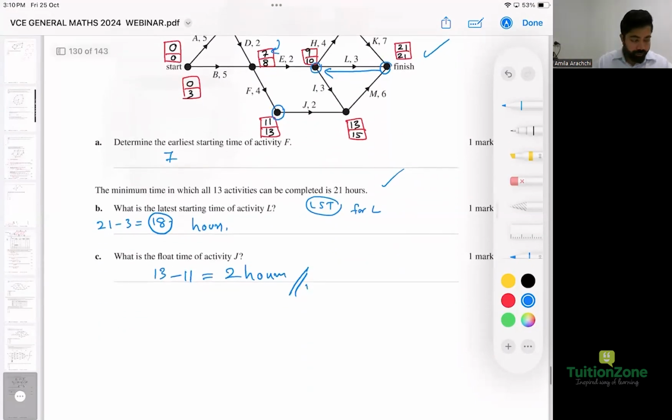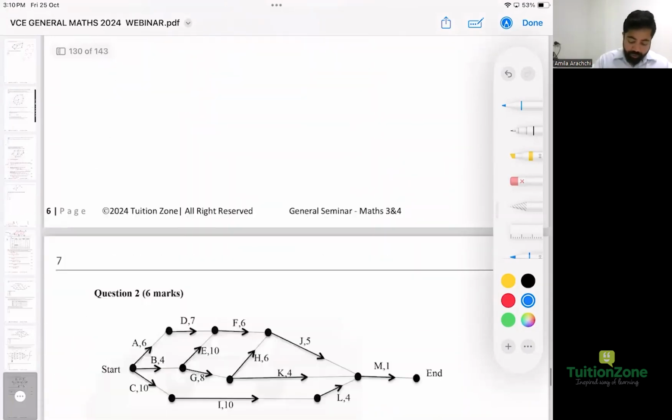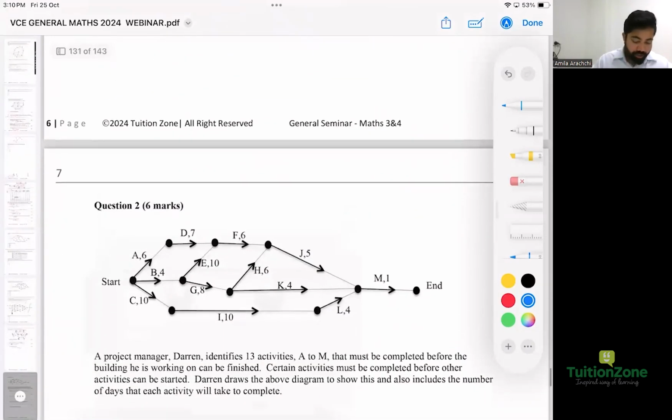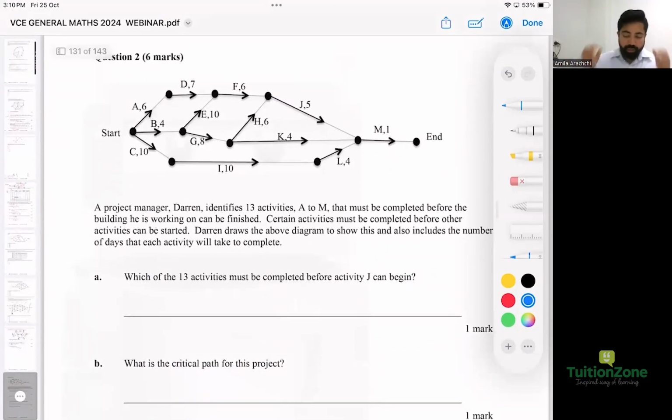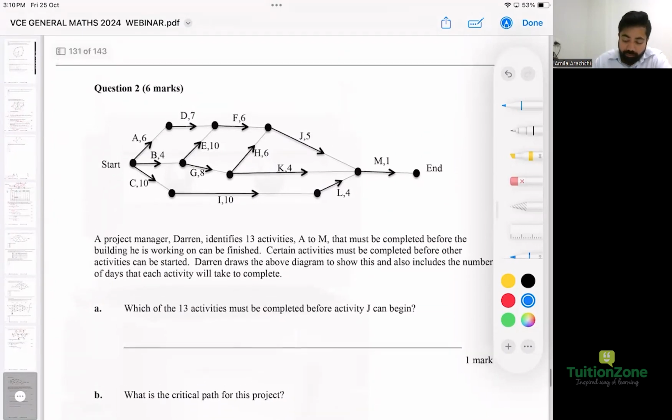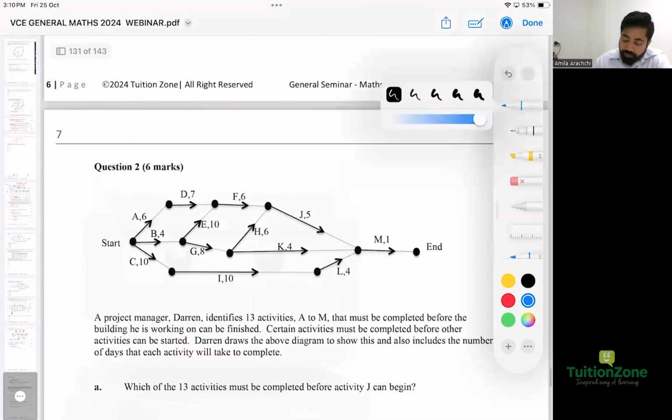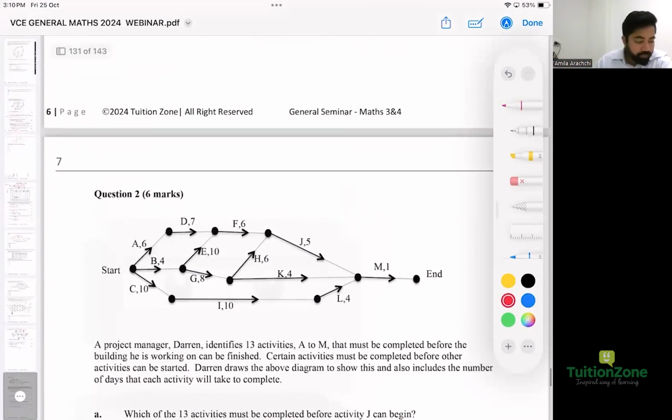Okay, if you're done with that, I want all of you to start doing this question. This is going to go towards the crashing as well at the end. First of all, without doing anything, just do the EST and LST. Get the full diagram sorted. There's a lot of information in there, so make sure you don't miss any.